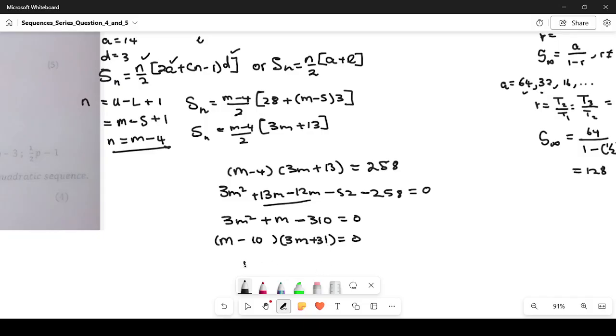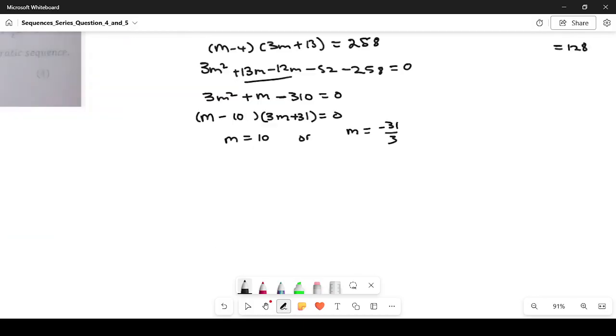So that means we've got m is equal to 10, or m is equal to negative 31 divided by 3. And our valid solution is m equals 10.